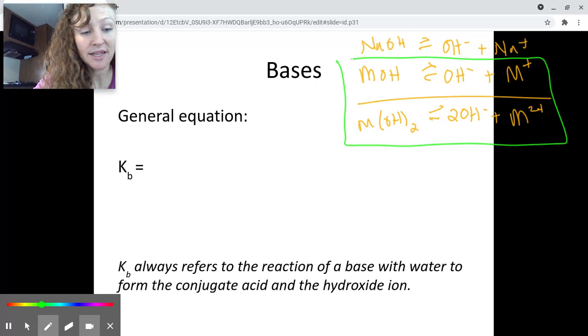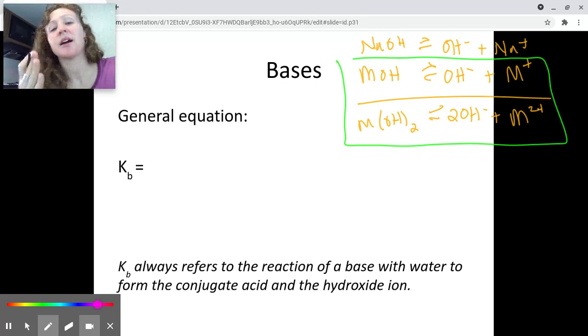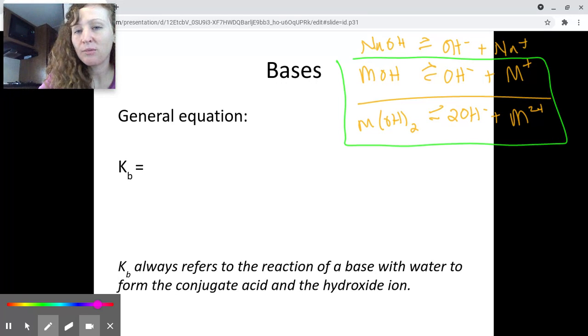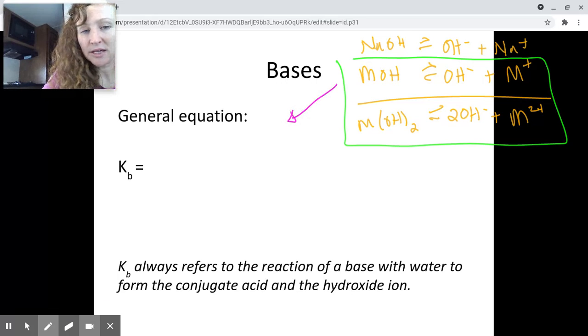Also, notice that the Ks we're talking about in these cases are KBs because they're Ks written for a base, right? So the KB for an alkali metal would look like this.